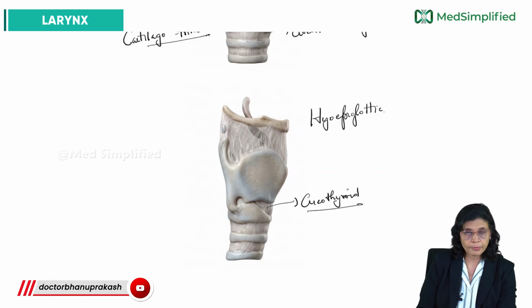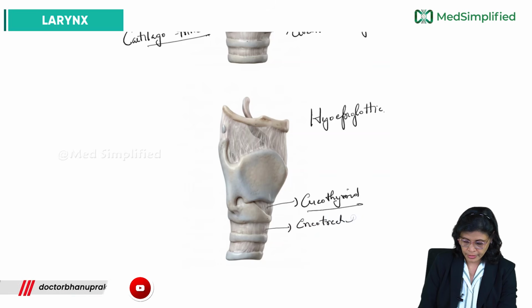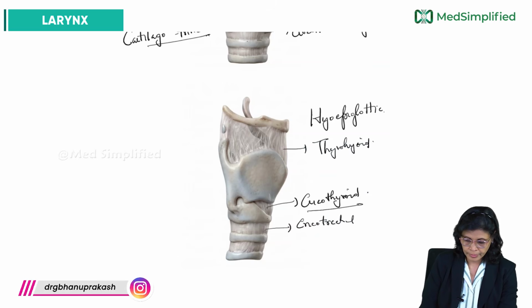To remember it easily, from below upwards we have the cricotracheal, cricothyroid, thyrohyoid membrane and ligament, then thyroepiglottic and hyoepiglottic.